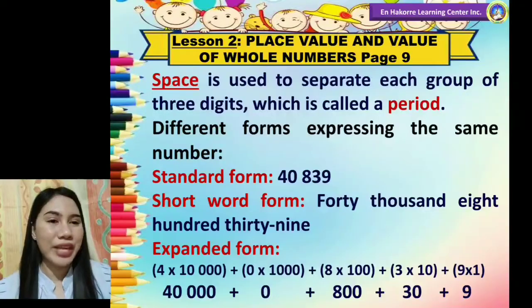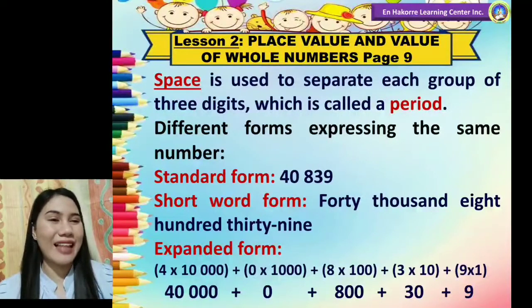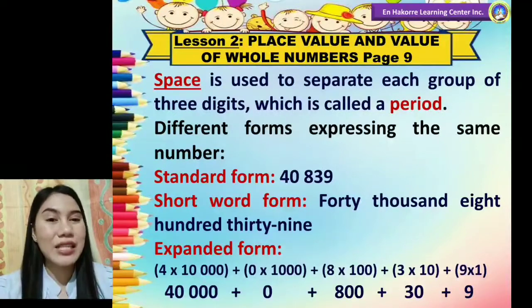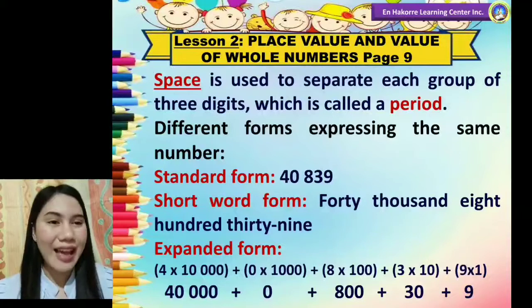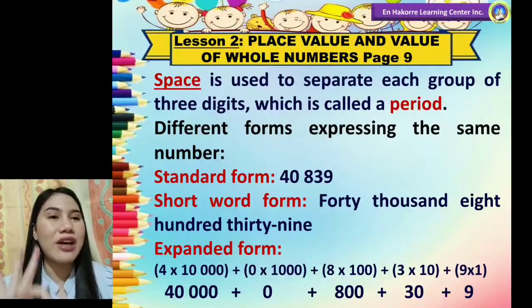And 8 times 100 is equal to 800. 3 times 10 is equal to 30, and 9 times 1 is equal to 9. That is why it is read as 40,839.